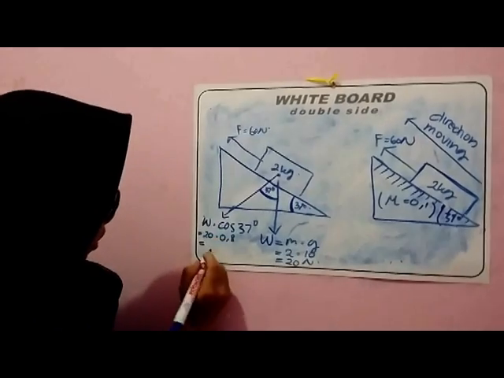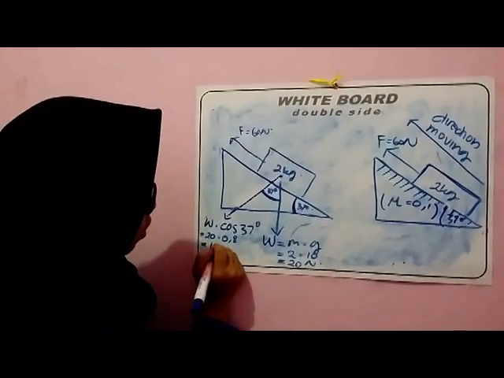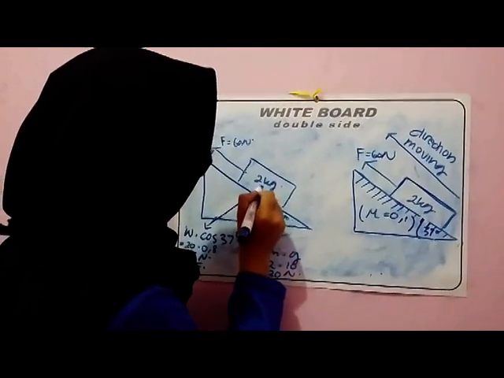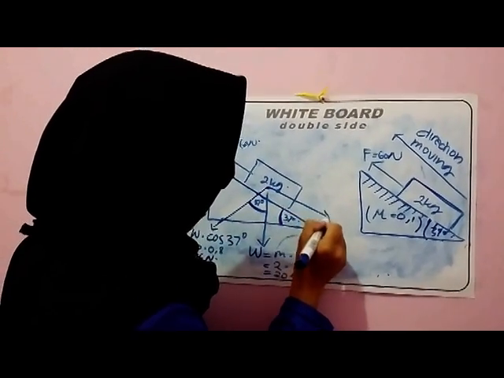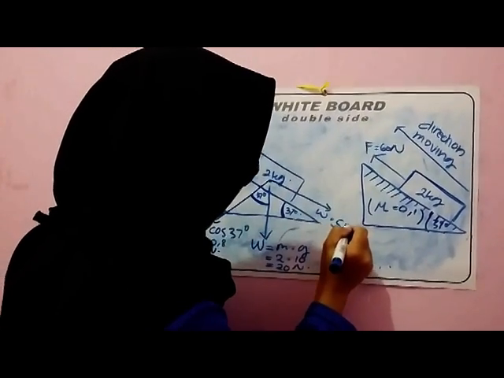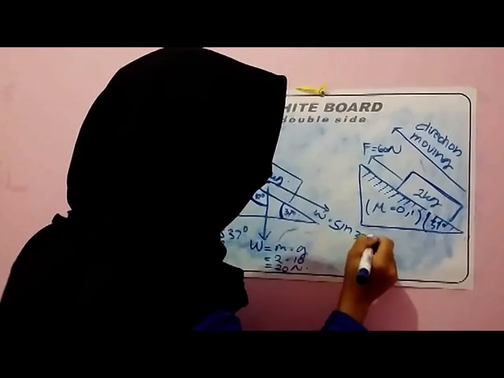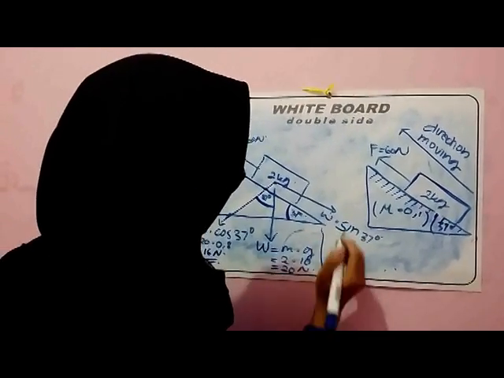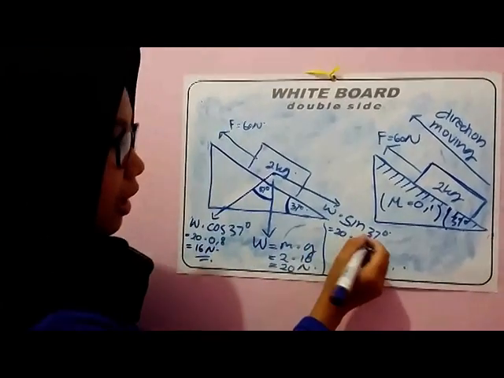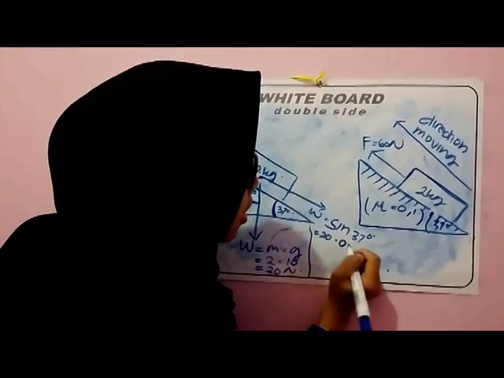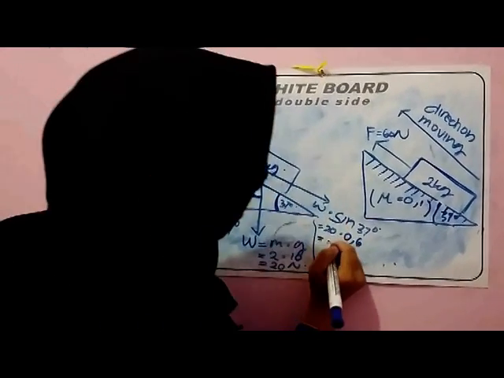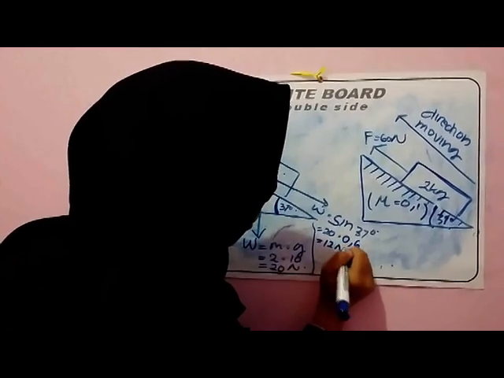This is equal to 60 N, and this box has weight times sin 37 degrees, and the weight is 20 and sin 37 degrees is 0.6, and this is equal to 12 N.